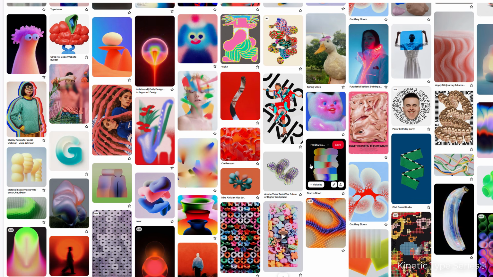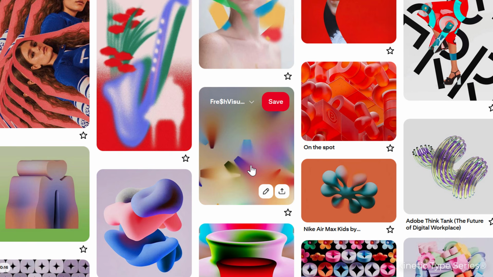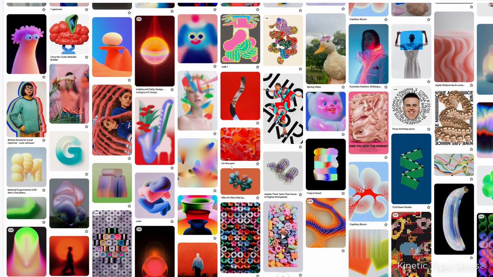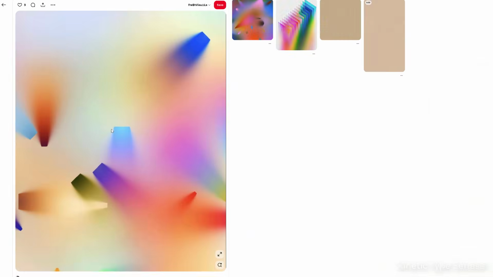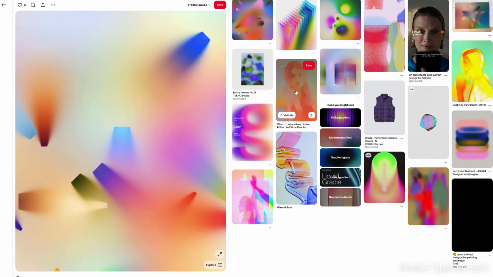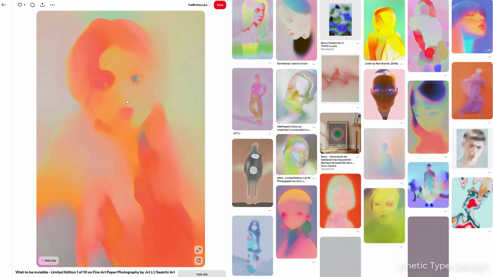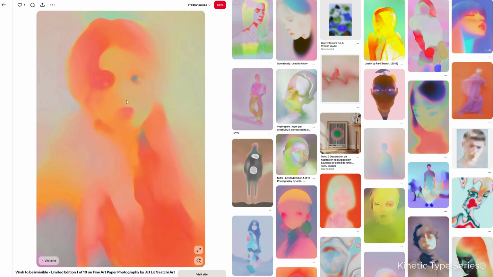And I noticed that there was a pattern here, this kind of soft, gradient-filled, strange images that are very, very digital, but not like that trend that was very hot before about glitches and that kind of digital error.